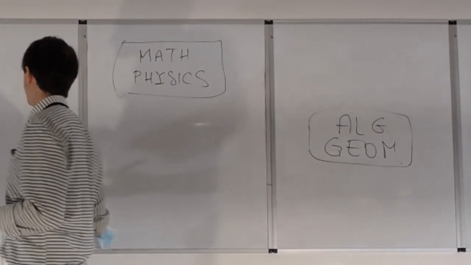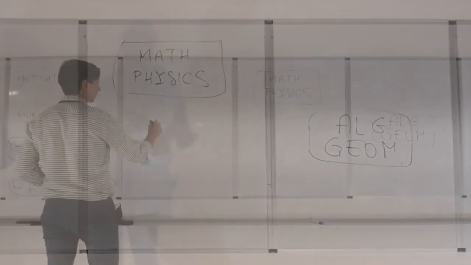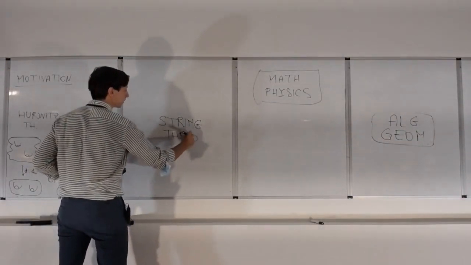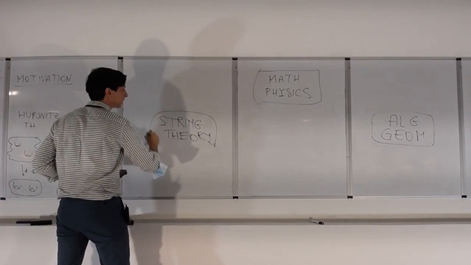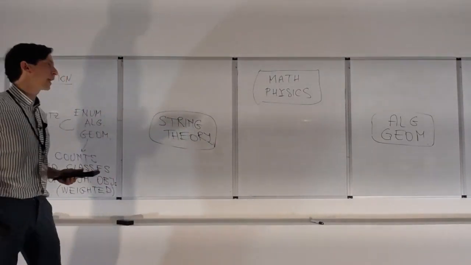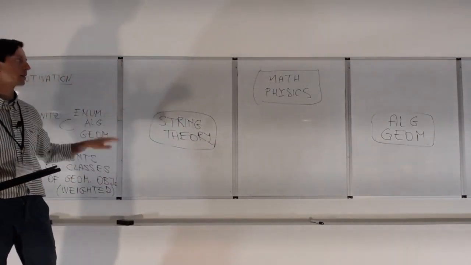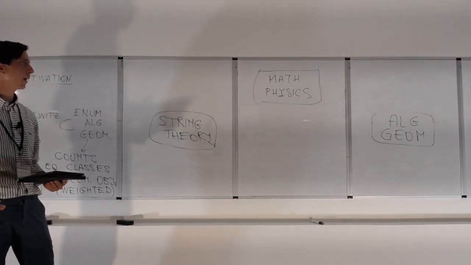And this is, okay, let me call it maybe string theory. I know some people will not be happy with this, but this is how I think about it. And for me, Hurwitz numbers are really an example of interactions between these three things.